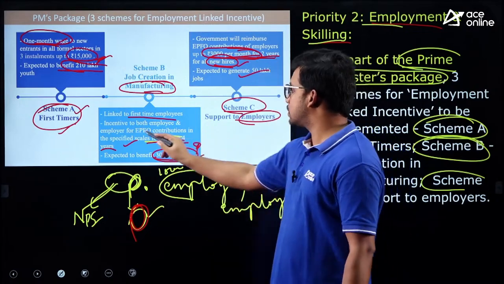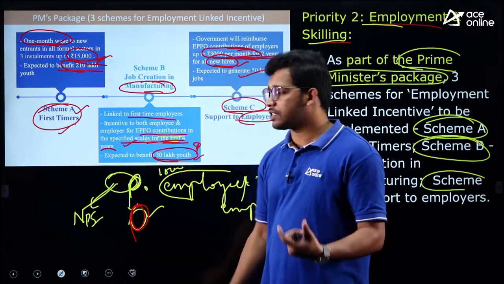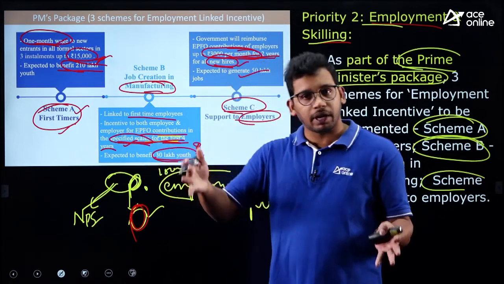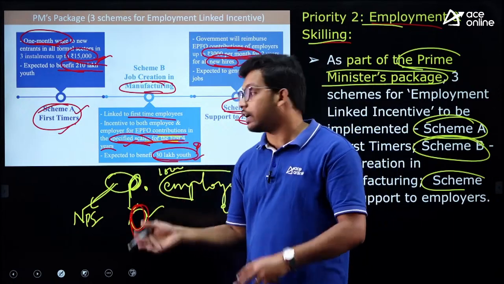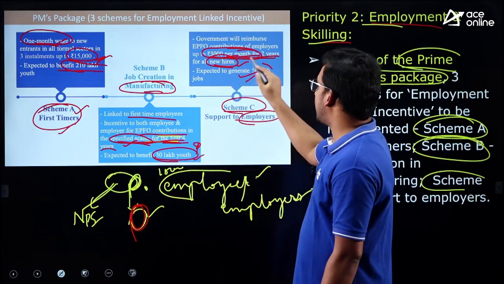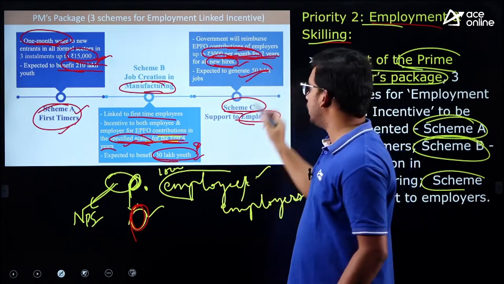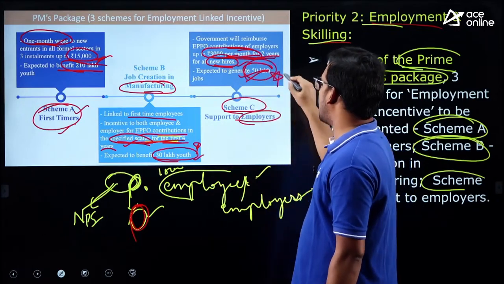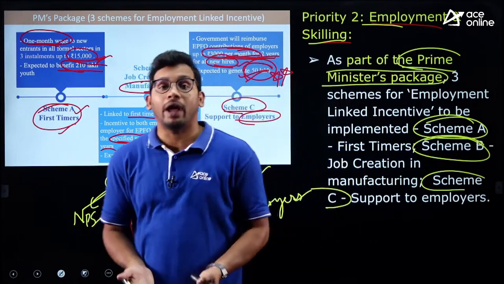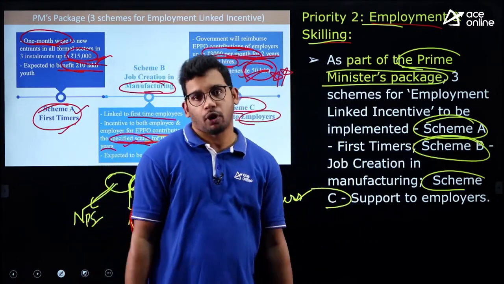So here it is specified for the first 4 years, the specified scales, in the sense some range for the existing employees, right? But for new employees they are going to give 3,000 per month for 2 years, right? And this is going to benefit 50 lakh jobs. So these are the 3 schemes the government has taken up to encourage the creation of more employment, right?